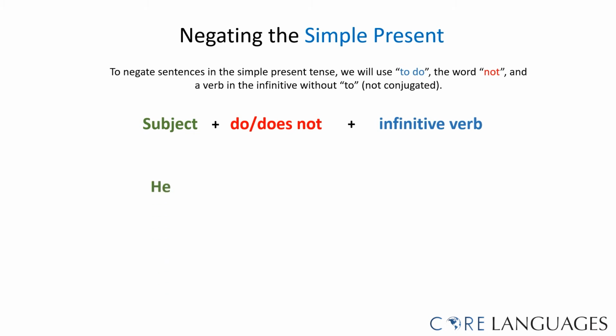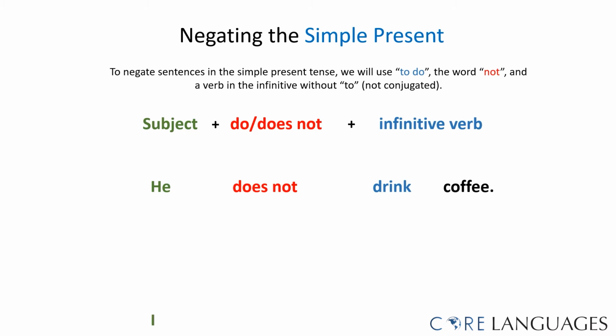For example, he does not drink. To add more information to the sentence, we could say, he does not drink coffee. We could also say, he doesn't drink coffee.